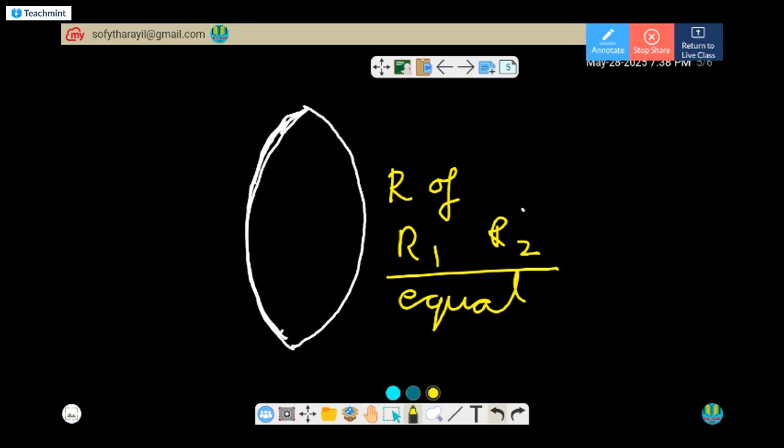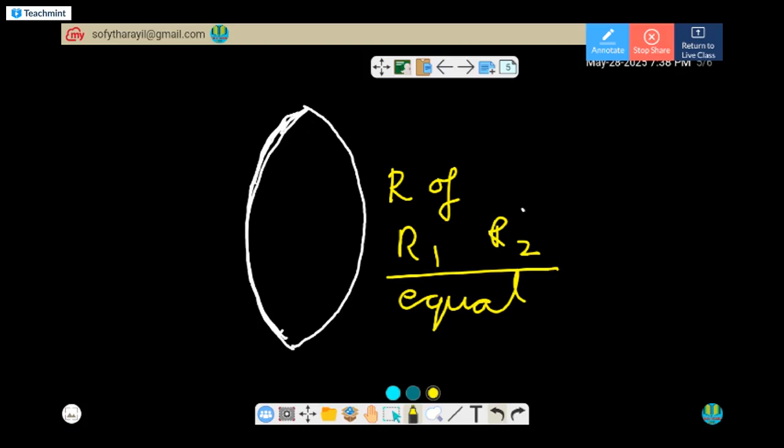Adit, what should we call this lens if R1 and R2 are equal? Is it equiconvex lens? Yes, it's going to be called an equiconvex lens.